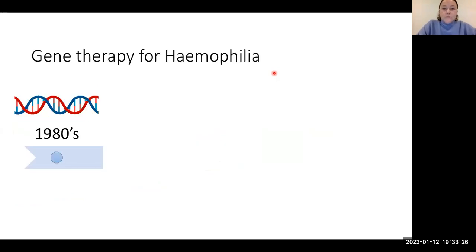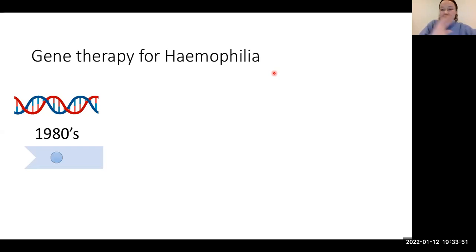So just to refer to a similar disease that gene therapy has successfully been applied to: haemophilia. Haemophilia is also a genetic disease, but can also be due to antibodies, and it's due to factor 8 and factor 9 deficiency.